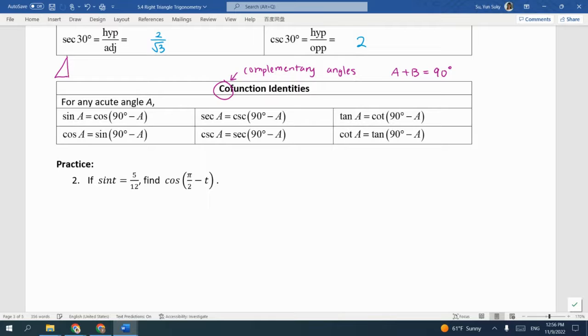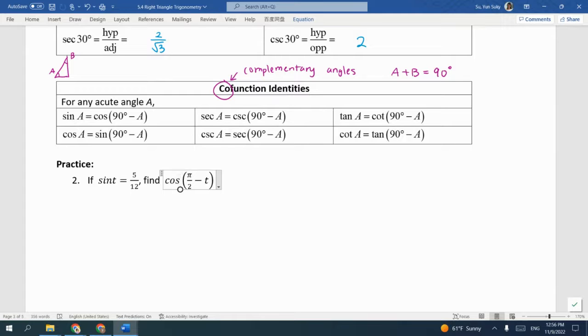Well, look at this. Let's say this is A, and let's say this is B. Sine of A is opposite over hypotenuse. But look at the angle B. This side is actually the adjacent of B, right? So adjacent over hypotenuse is the cosine. So you draw the triangle and then you can figure it out.